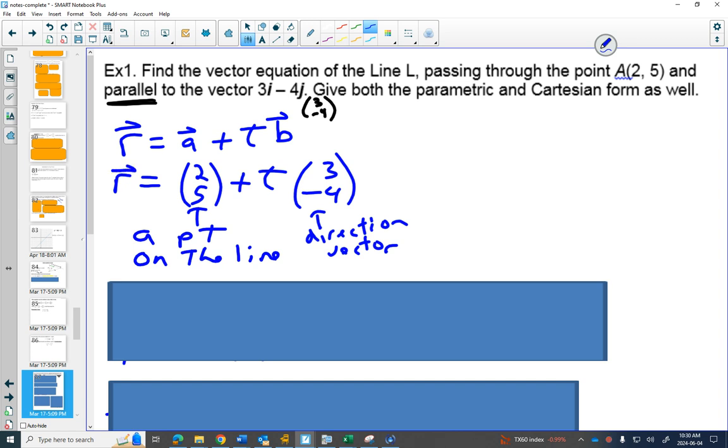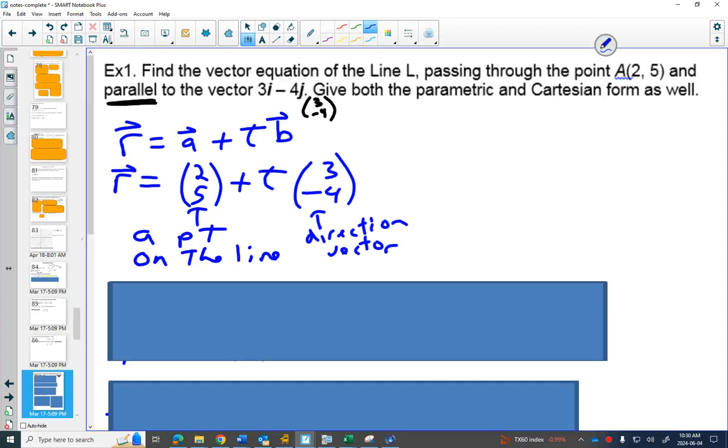So any vector that's going to be on this line, take that random point that you know, and it can be any point on that line. So vectors are free to have some options, and then your direction vector is going to be 3, -4, but you could write any multiple of that. It really doesn't matter. It could be 6, -8, as long as it's going in the right direction.